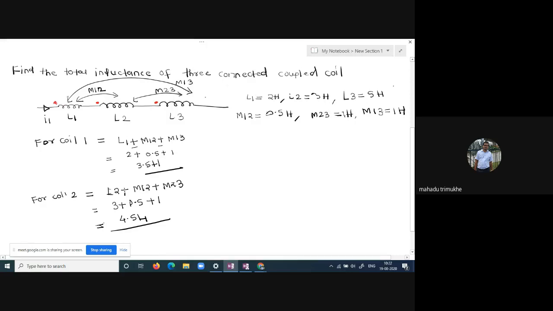Similarly, the way you calculated it, calculate the equivalent inductance for coil 3. For coil 3, L3 plus M13 plus M23.